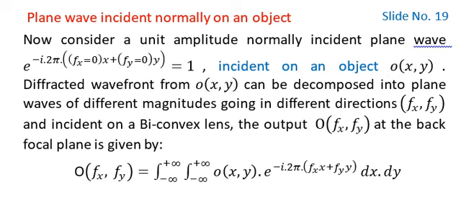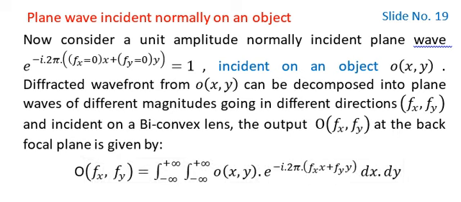And now we can write the output in this case. We have indicated the output as capital O of fx and fy equal to the double integral of O of x y, which is in the space domain, multiplied by the phase factor e to the power minus i 2 pi times fx x plus fy y, with integration with respect to x and y variables.